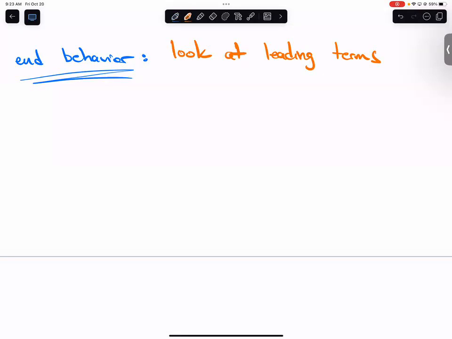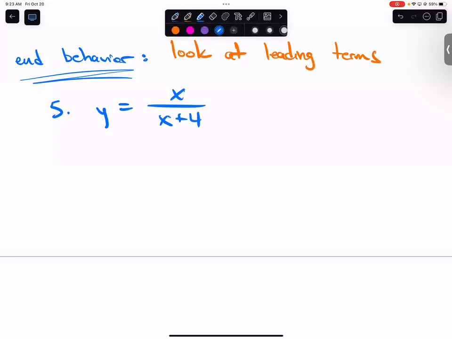So take number 5, for example. What are the leading terms in the top and the bottom of that function number 5? x over x. Okay.